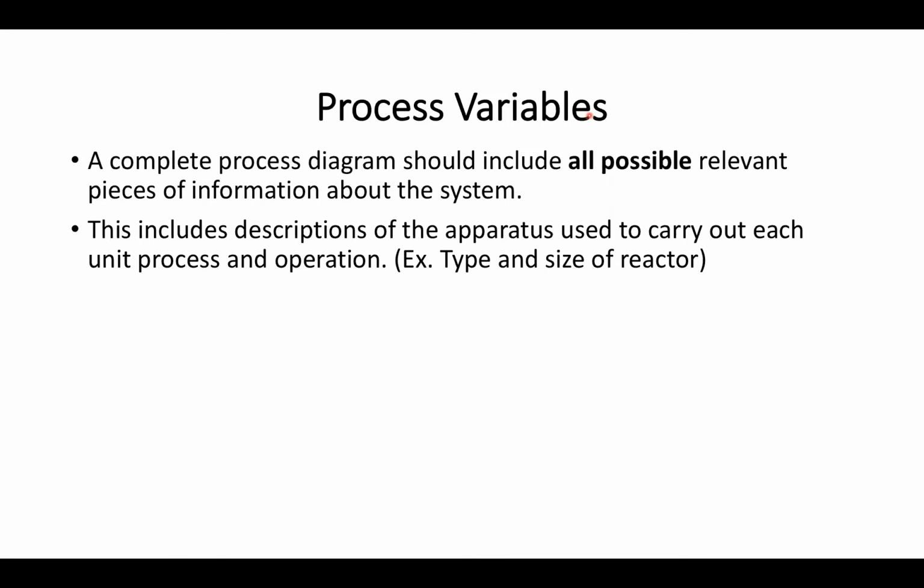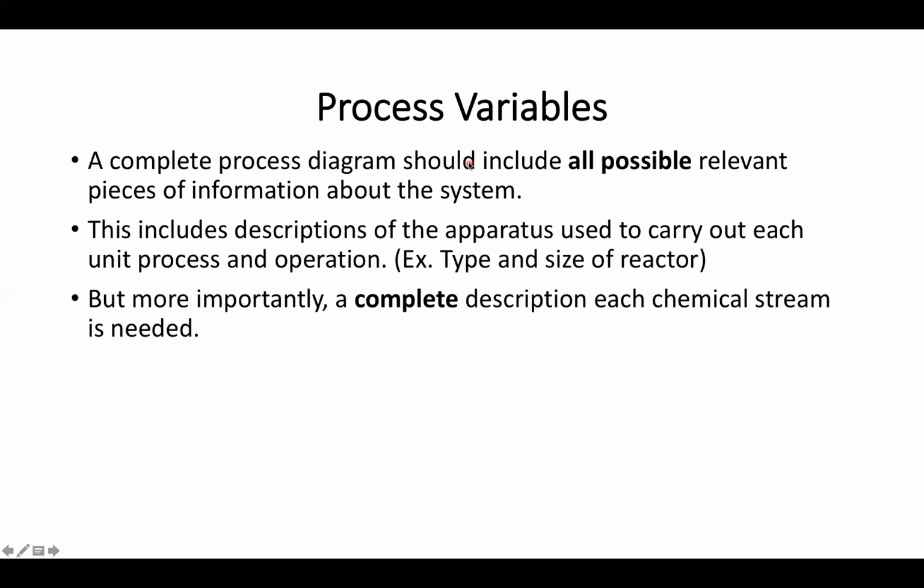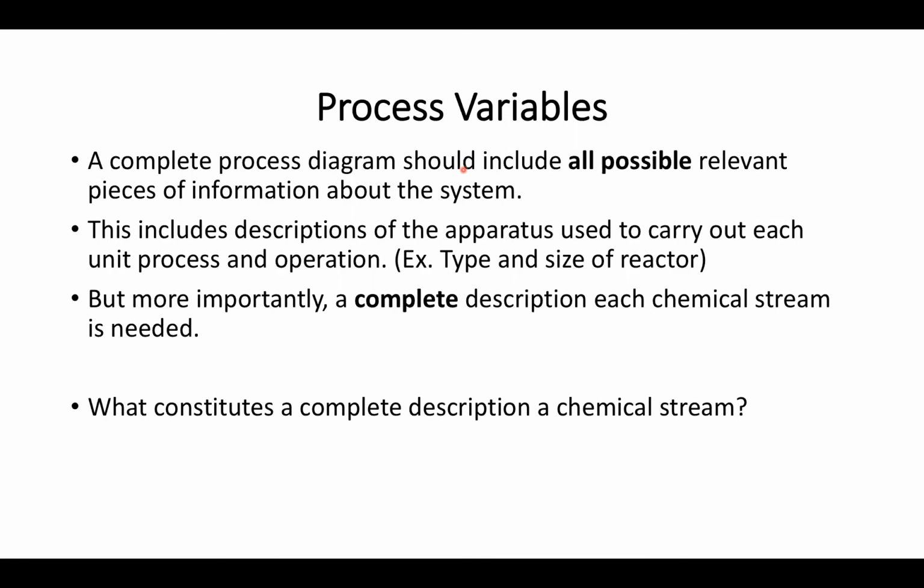But more than that, we also need to make sure we have a complete description of the chemical streams that are involved, because each one of those unit operations and processes is going to generate at least one stream. And what we need to do is, first of all, think about what's going to constitute a complete description of a chemical stream.